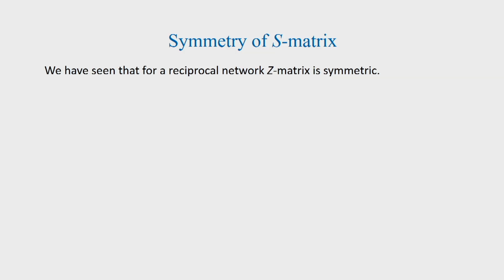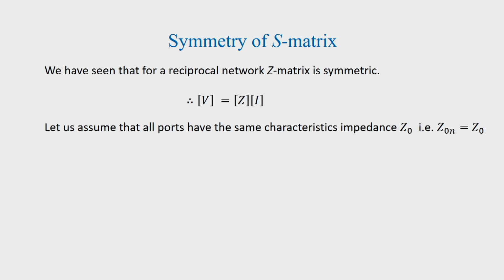Now, let us discuss the symmetry property of S matrix. We have already seen that for a reciprocal network, Z matrix is symmetric. Now, let us start our discussion with the assumption that all the port impedances are the same, that means Z 0 n is equal to Z naught.